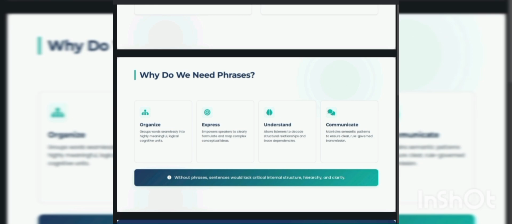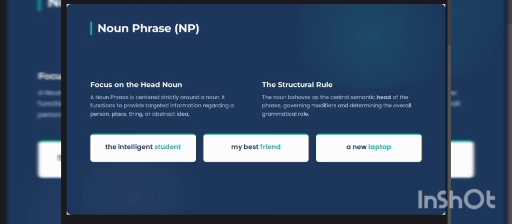So now we'll move toward the noun phrase. A noun phrase is centered around a noun, known as the head noun. Additionally, words may be included to provide more information about that noun. The head noun determines the grammatical role of the entire phrase. Look at the examples: the intelligent student, my best friend, a new laptop. In the first example, student is the head noun.